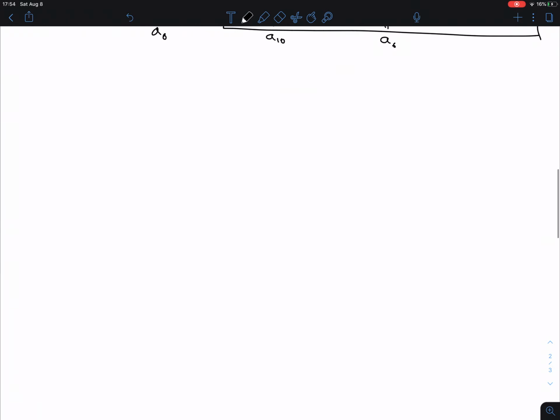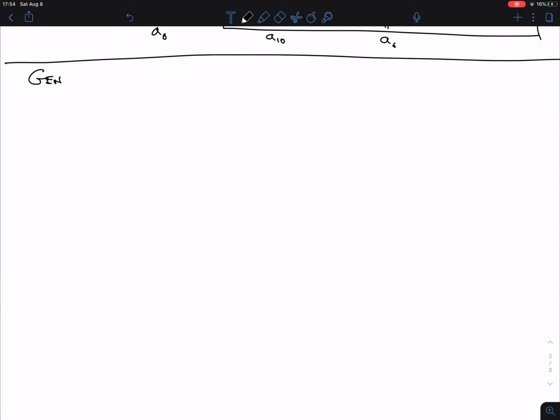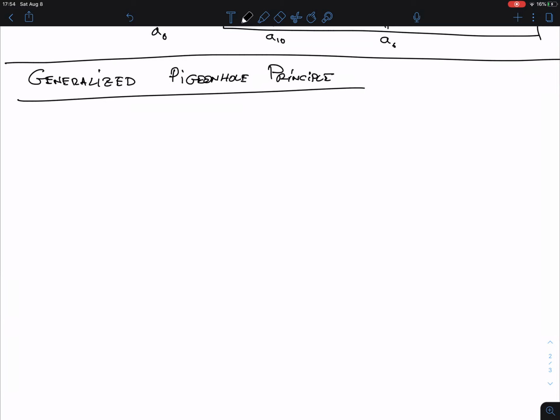Now what we're going to do, and that's even more interesting, is the generalized pigeonhole principle. So what is this?